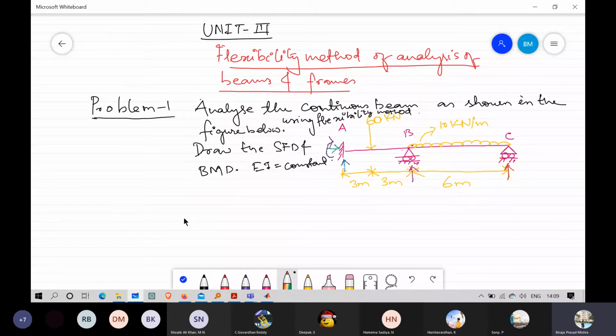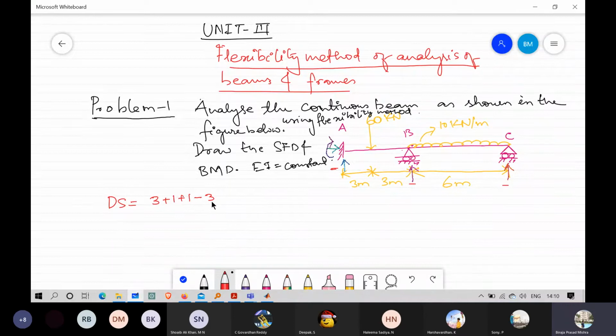So let me write here, I will write it in red. Degree of static indeterminacy, ds equals 3 here, 1 here, 1 here. So 3 plus 1 plus 1 minus 3.